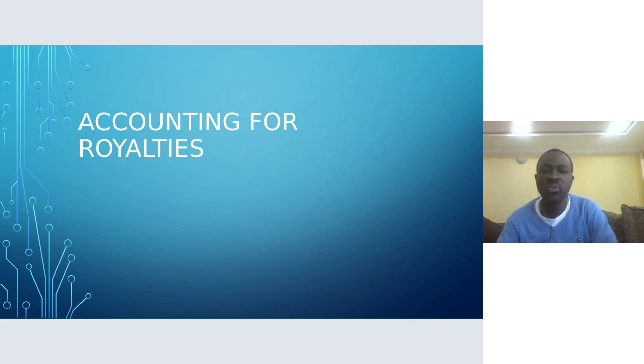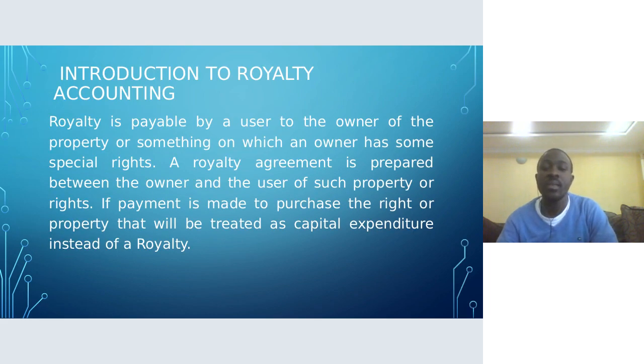Now, I want us to move straight away to the definition of terms in accounting for royalties. Royalty is payable by a user to the owner of the property or something on which the owner has special rights.